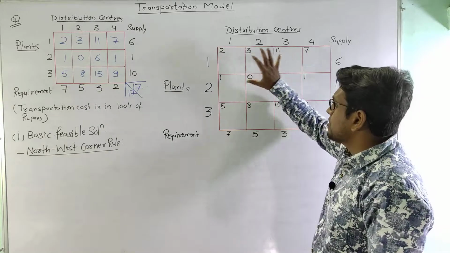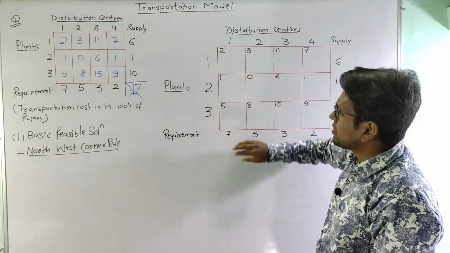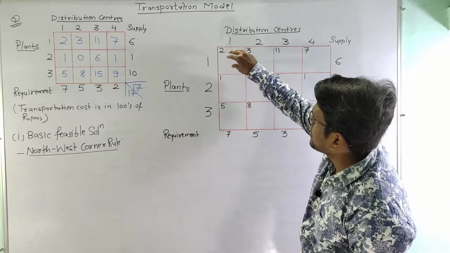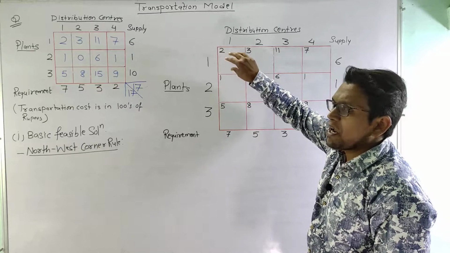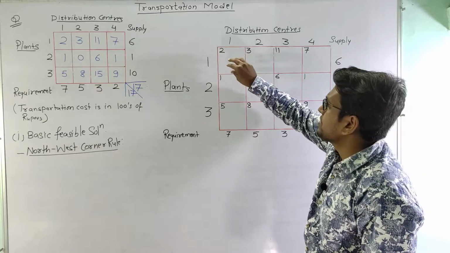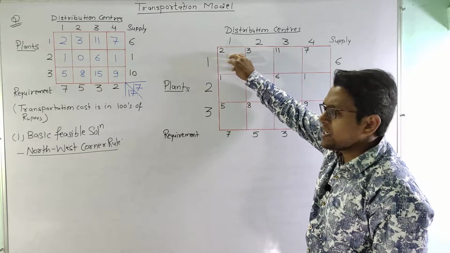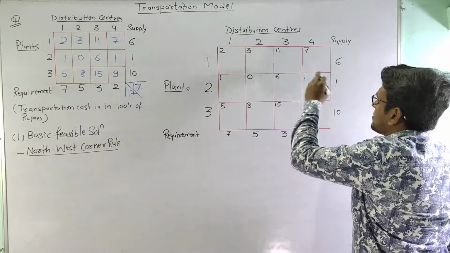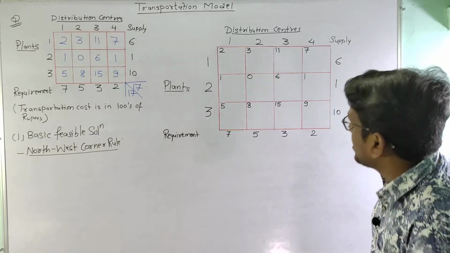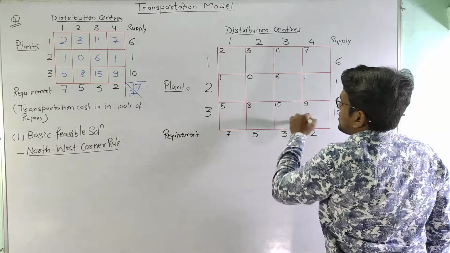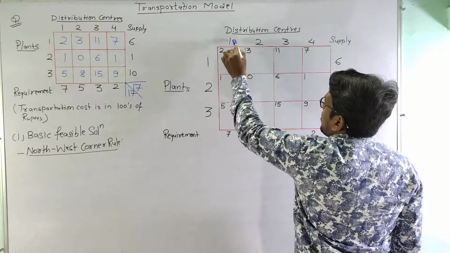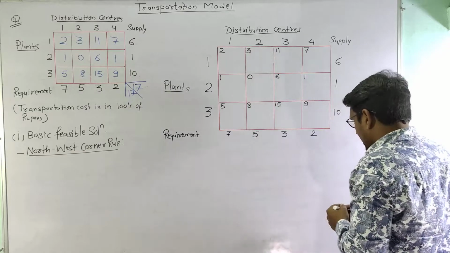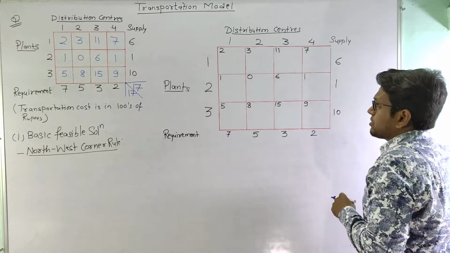Whenever we do an allocation, we select the northwest cell and allocate the maximum number of units we can. Here the northwest cell is cell 1 1, so we will try to allocate as much as possible.